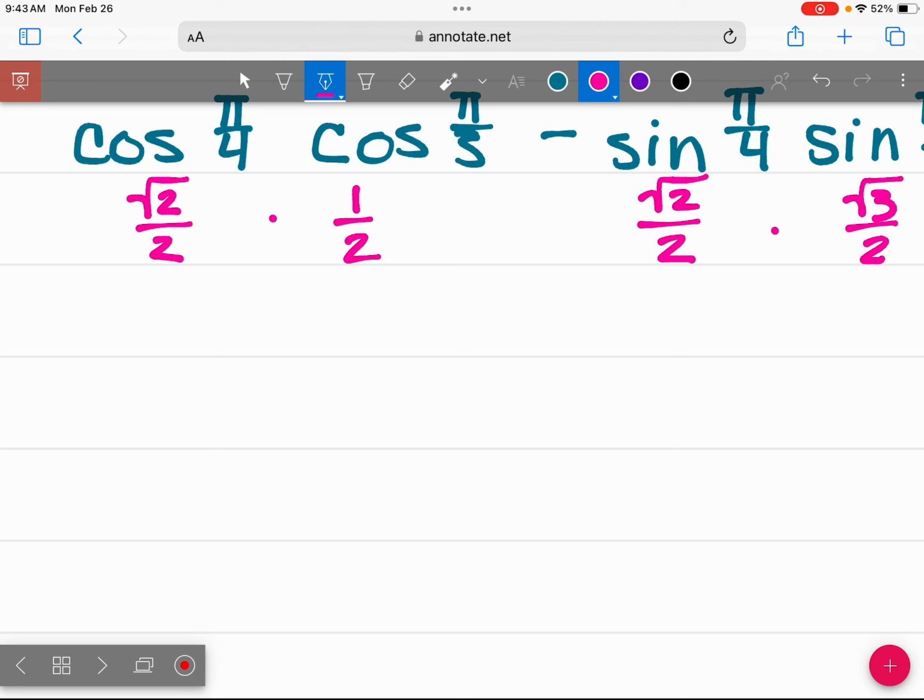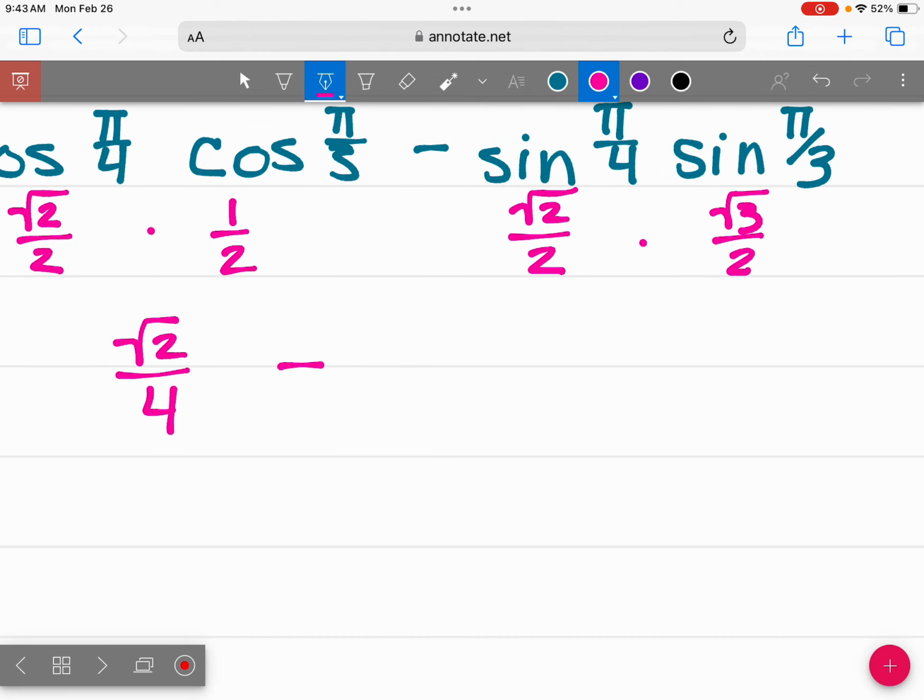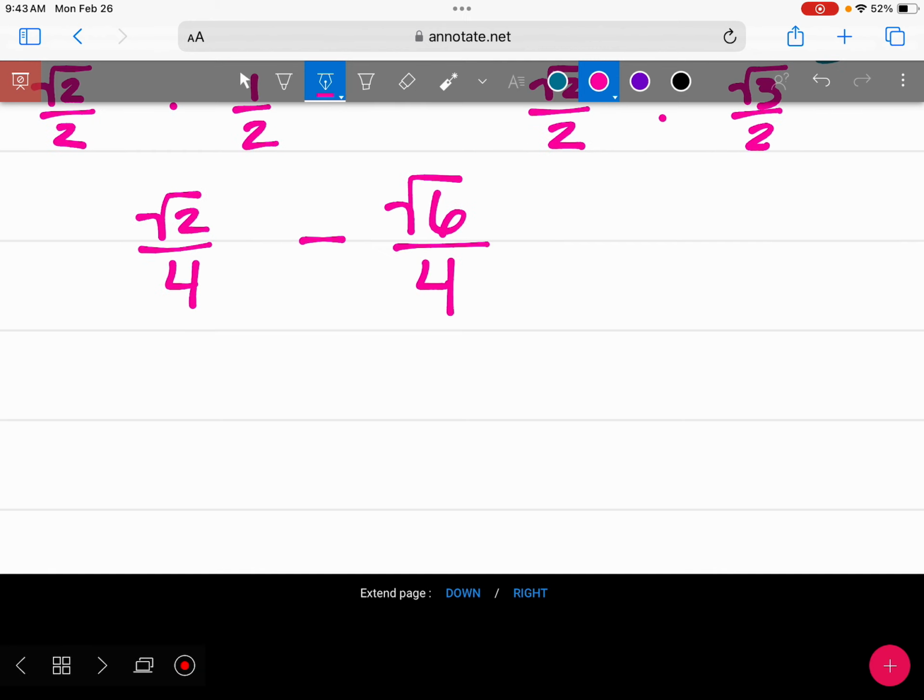So we have a lot of really similar pieces here. We're going to multiply together: square root of 2 over 4 minus square root of 6 over 4. And I can't really simplify other than to put them as one fraction.